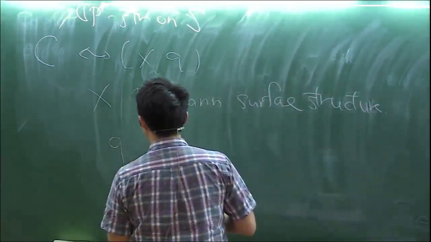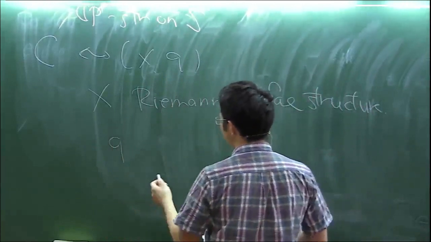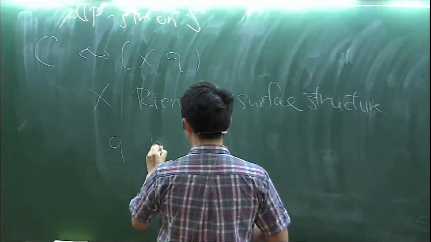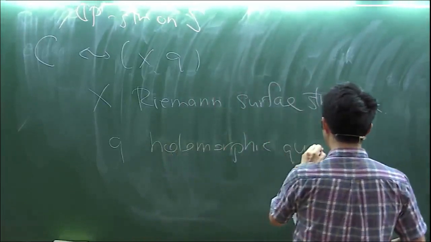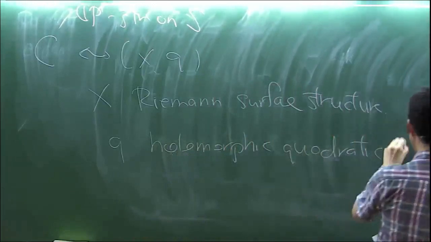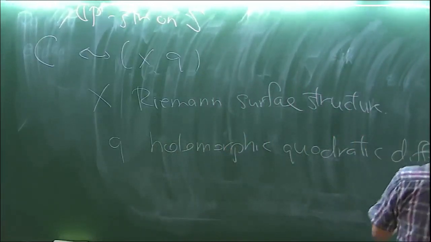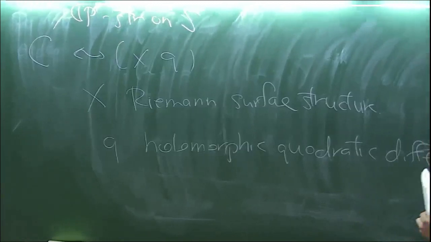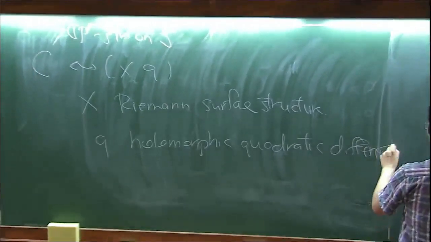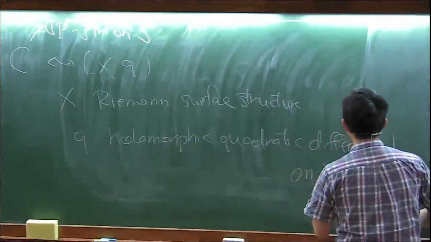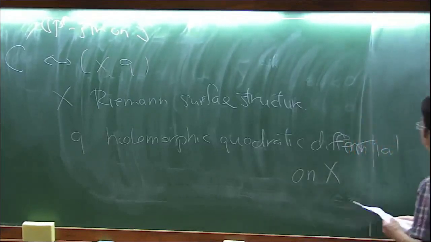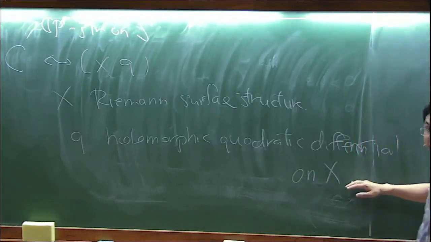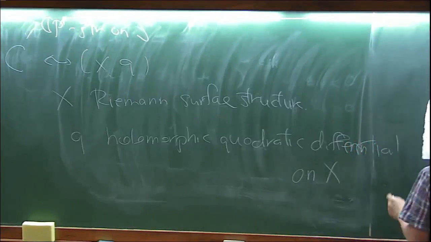And then from the developing map of the CP1 structure, we have a holomorphic quadratic differential on this Riemann surface X. So a holomorphic quadratic differential is a locally well-defined holomorphic function with some compatibility condition under the transition maps. Okay.